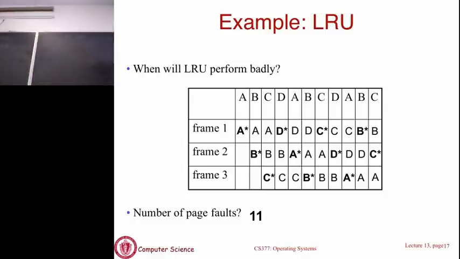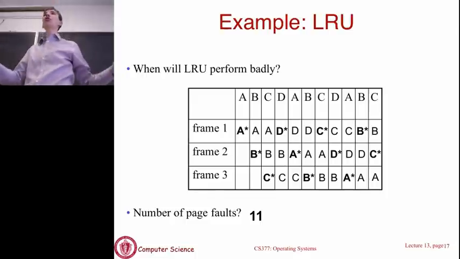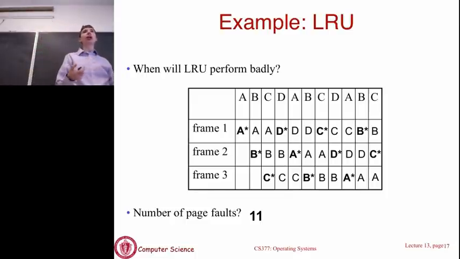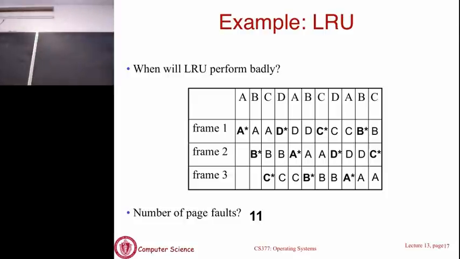So in this case, we have 4 virtual pages, and what's the working set? What are the pages that we're actively working on over and over again? A, B, C, D, it's all of them. So the working set here is 4 pages, which is bigger than physical memory.